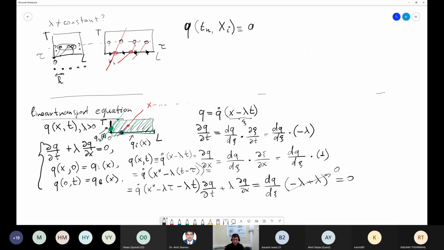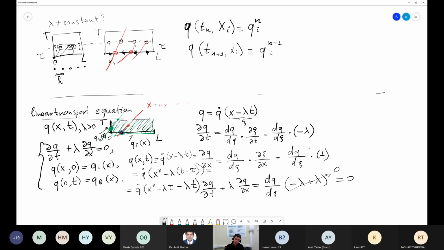We will define it like q subscript n at point i. And we want to estimate the values at the same points at t_{n+1}, x_i.